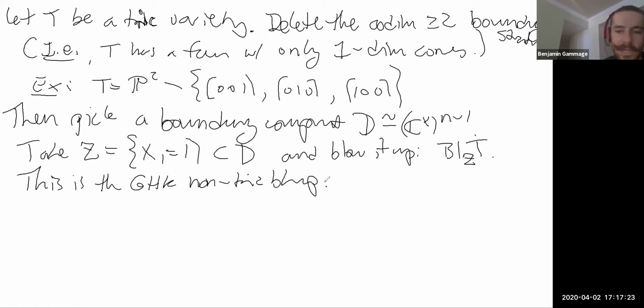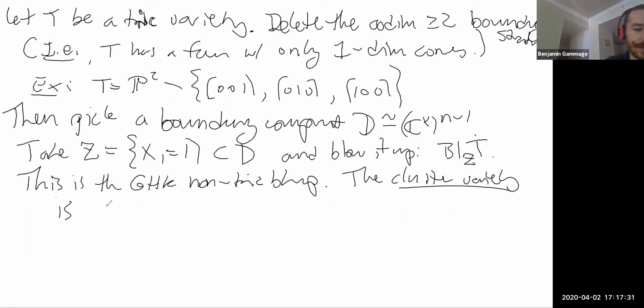And then the cluster variety, once you do that non-toric blowup, is the blowup of T along Z. Once I do that non-toric blowup, I delete the proper transform of the remainder of the toric boundary.